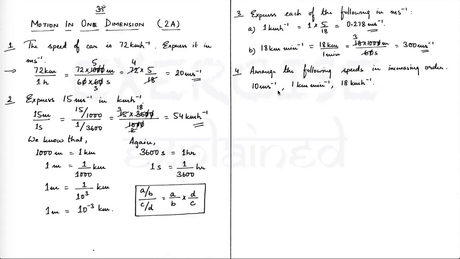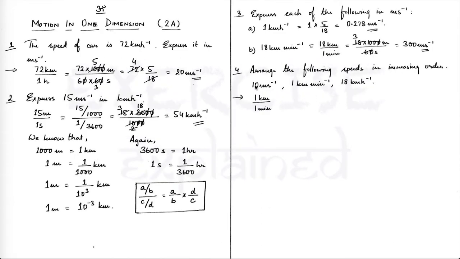That means I would be converting 1 kilometer per minute to meter per second, and I would also be converting 18 kilometer per hour to meter per second. We need to arrange them in increasing order, that means smaller to bigger. So 10 meter per second is already in meter per second, no need to convert.